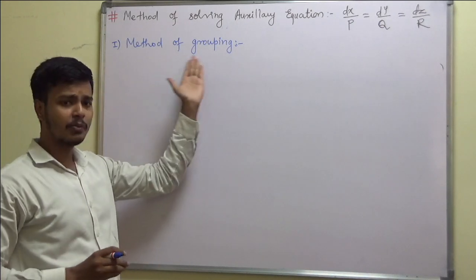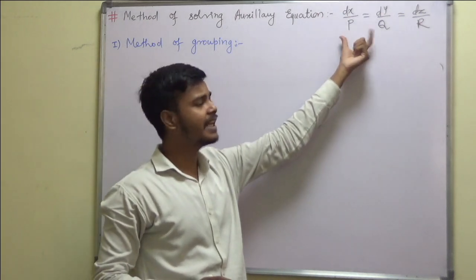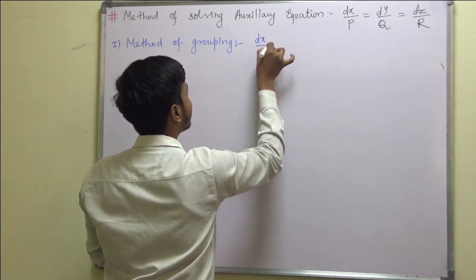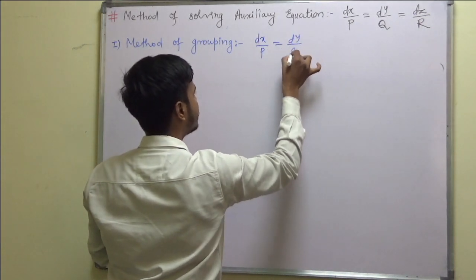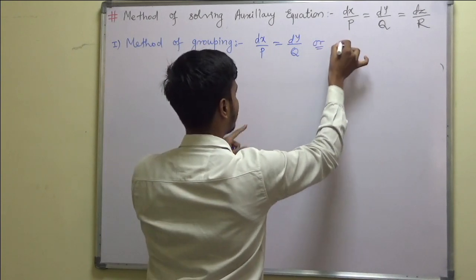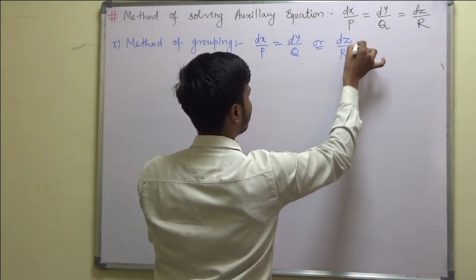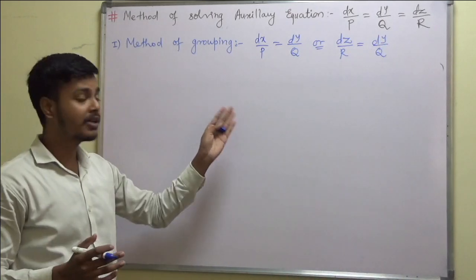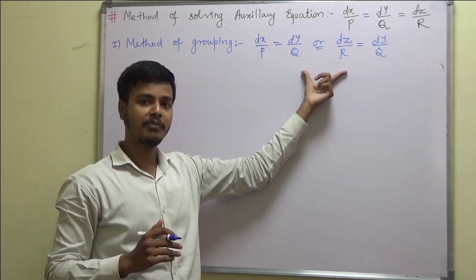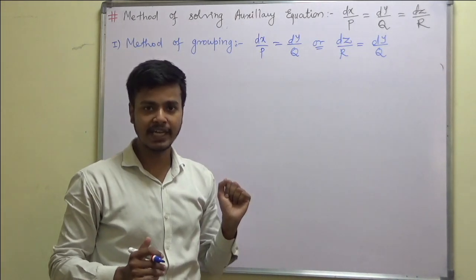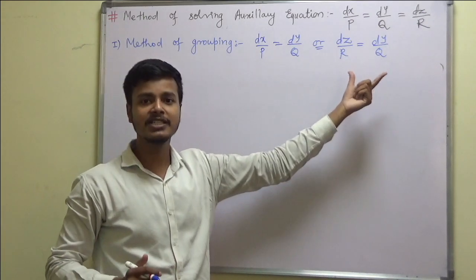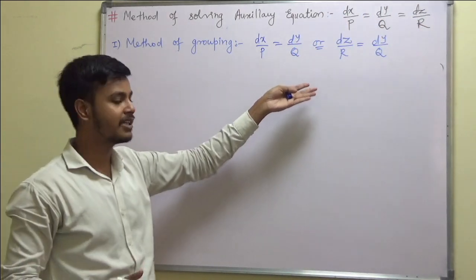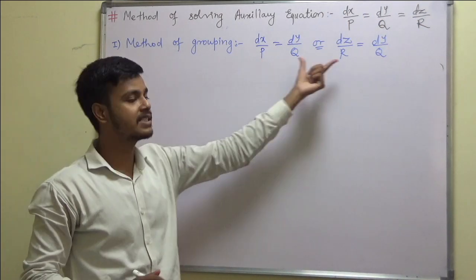The method of grouping says you just club any two of the ratios, like dx by P is equal to dy by Q, or dz by R is equal to dy by Q, whichever is suitable for getting the solution. Why am I taking two? Because I need two solutions. If there are four ratios, then I will take three, depending on the problem. So this is the method of grouping.